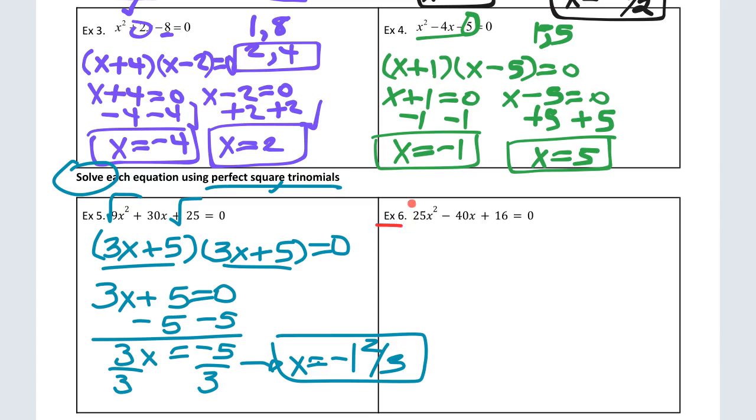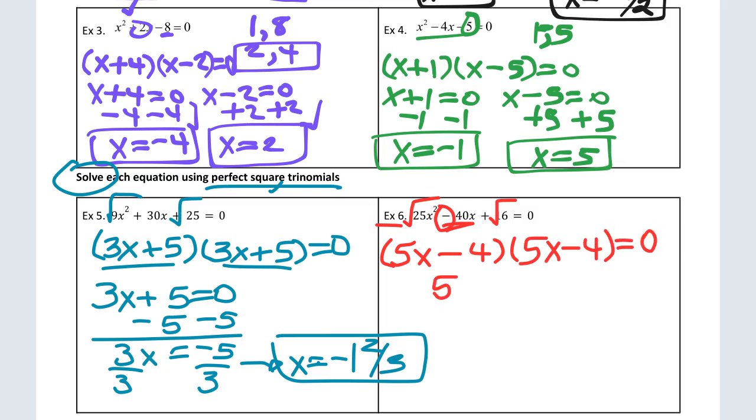In example 6, we have a perfect square trinomial. Why? Because we can take the square root of the first and the last term. Doubling that would give us the middle term, 5x. Now we have a minus on the middle term, so we're going to have a negative in the factor. Square root of 16 is 4. Factors being the same, we would set one of them equal to 0.